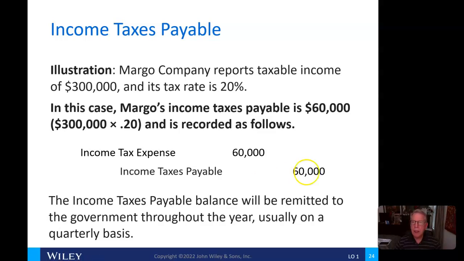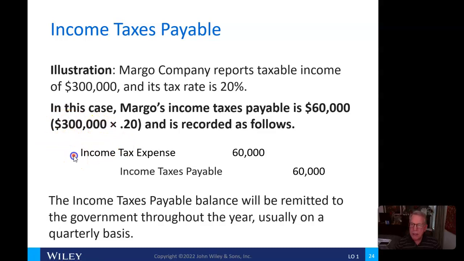All right, let's look at an illustration of the Margot Company. It reported taxable income of $300,000 and its tax rate is 20%. In this case, Margot's income taxes payable is $60,000, 20% of $300,000. And we would record that as follows.